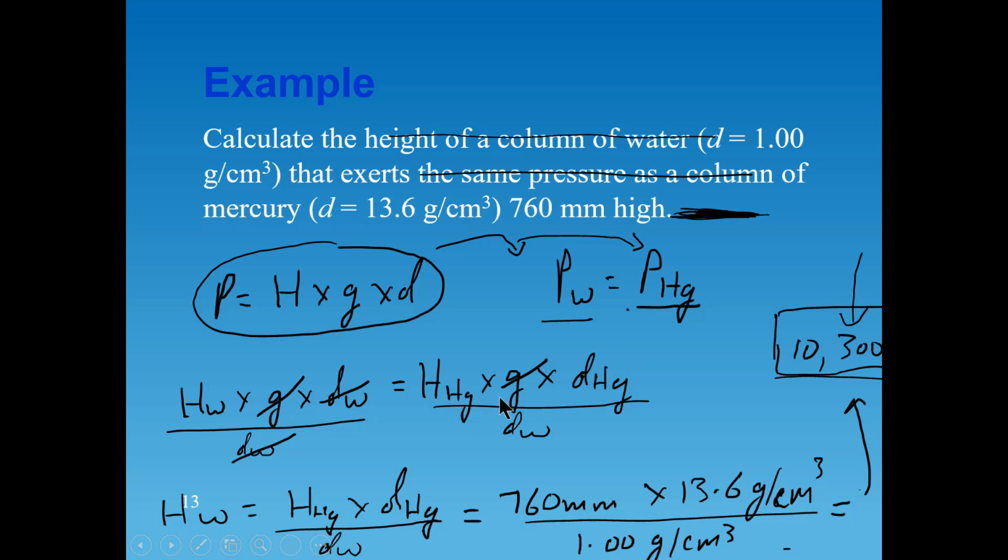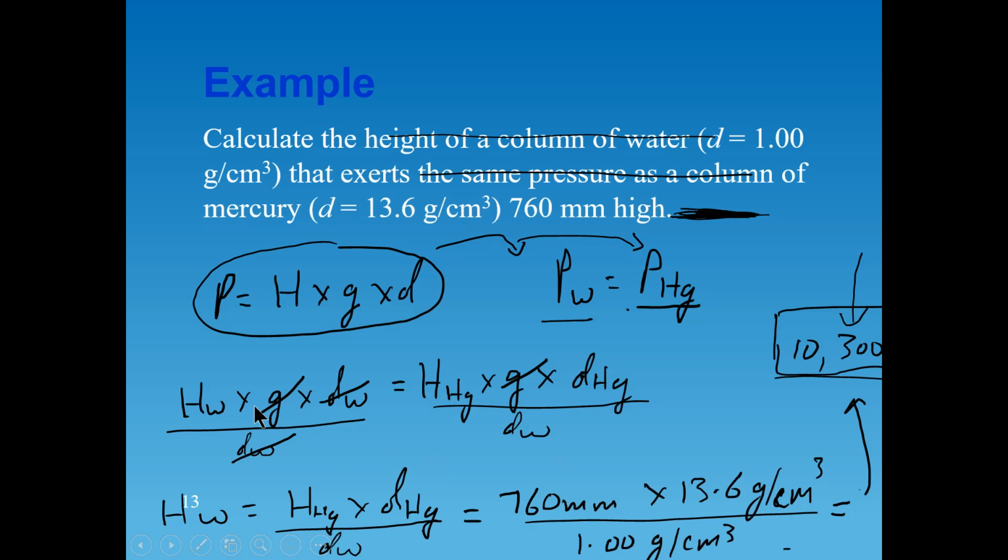So what I've done here is write down this expression for both the water and the mercury, and set them equal to each other, right? So the height of the water column times g times the density of the water is equal to the height of the mercury column times g times the density of the mercury.